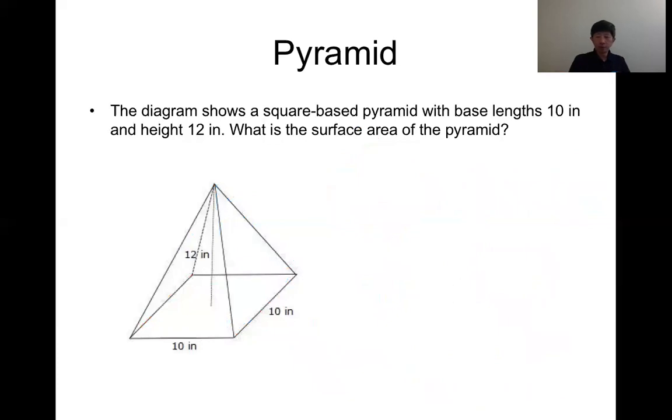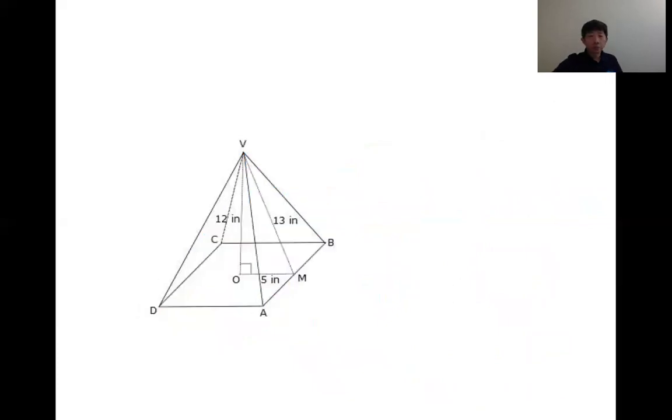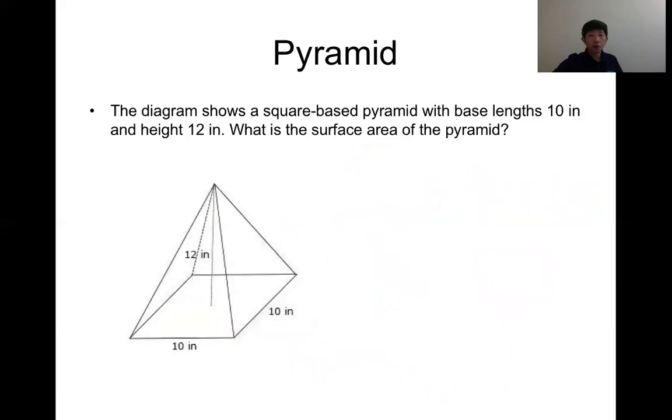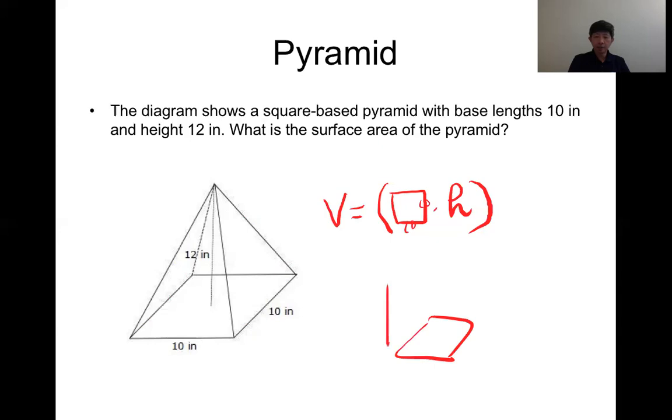Now what about the volume for this? How do we find a volume, all right? Now volume basically is finding the area of the bottom, 10 by 10, and times the height, right? Once we have 10 by 10 and times the height, what is it?